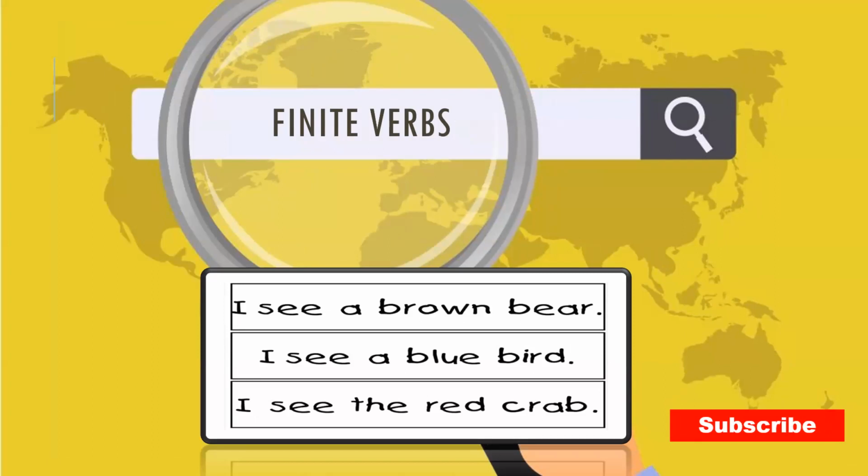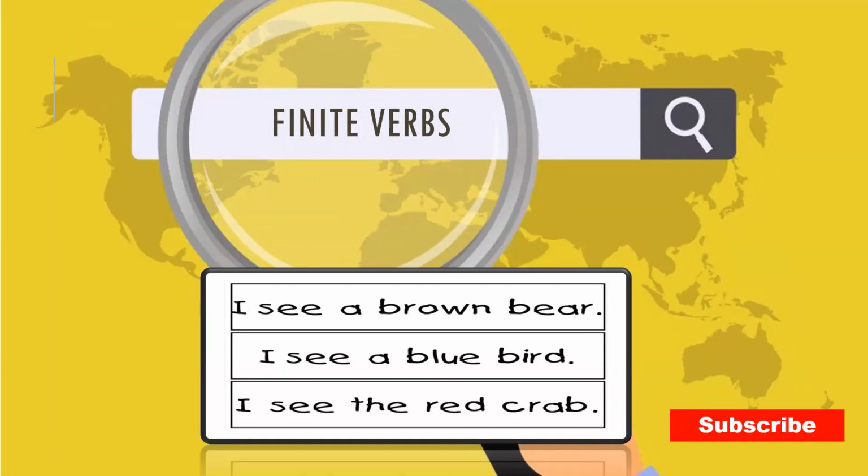Here we have to see that the verb see, ये जो एक verb है, यहाँ पर see, ये हमें बता रहा है कि ये जो action हो रहा है, either it is taking place in present, either it is taking place in past, or it is taking place in the future. So from this verb, we can also say that I see a brown bear.